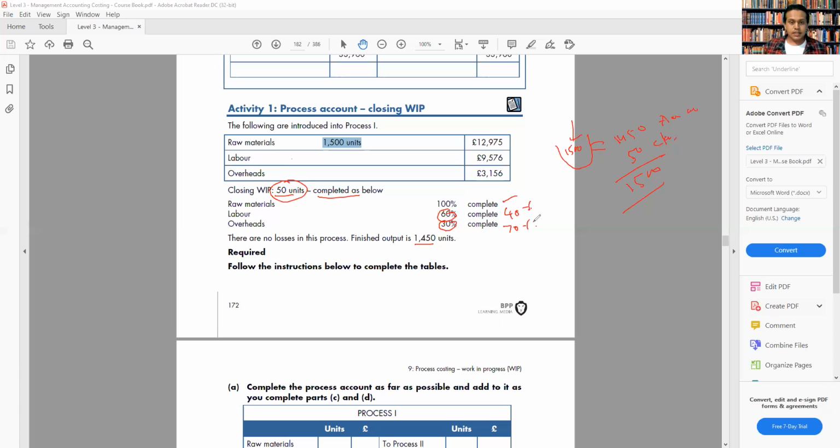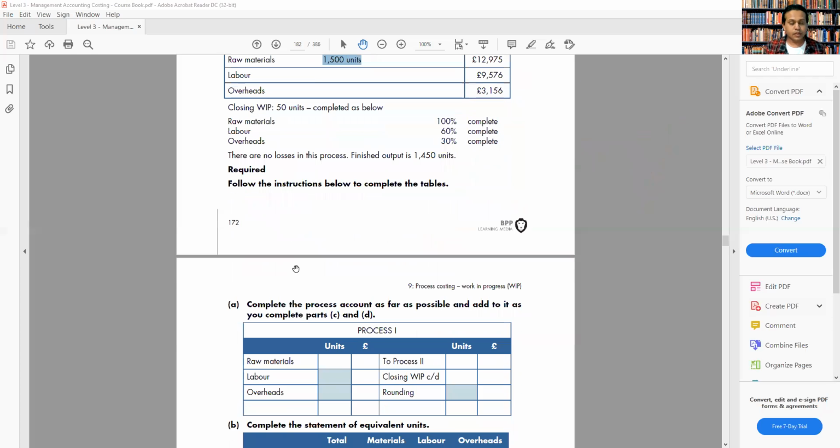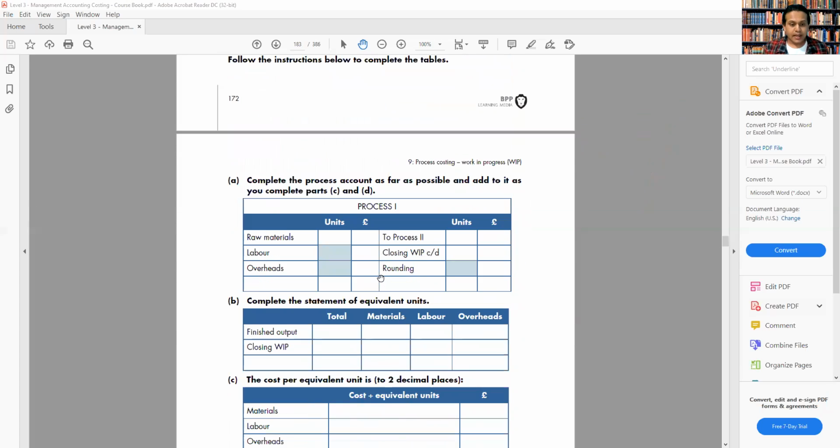Okay, so let's do this question. Try to do it slowly so that we understand it. They said follow the instructions below, complete the table. So we have a few steps here.